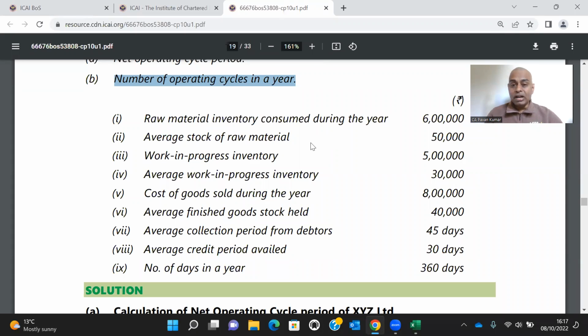Yes, sir. But in the formula, they always give 365. So simple. Read the question carefully. If this line is there, then take 360. If this line is not there, even then you can take 360, but you need to write an assumption note.